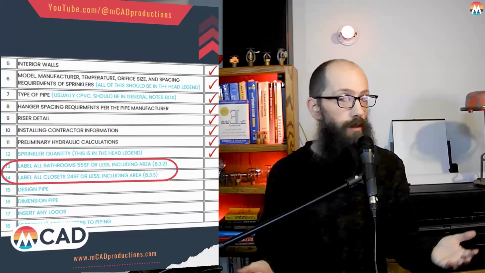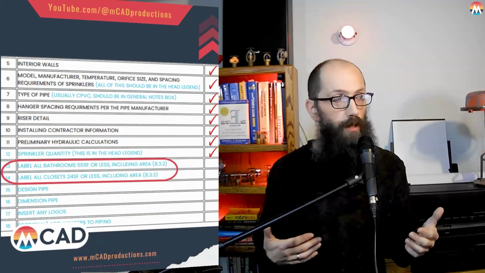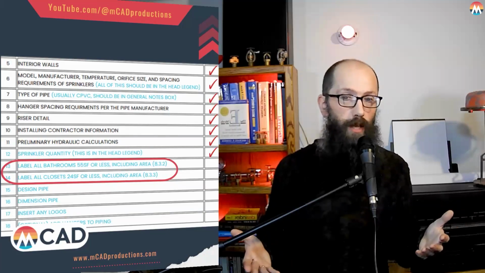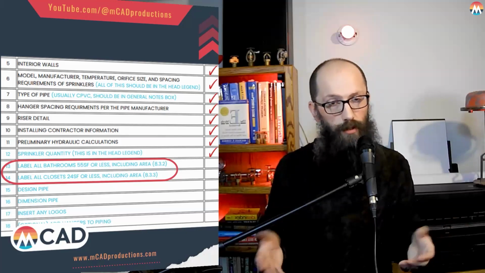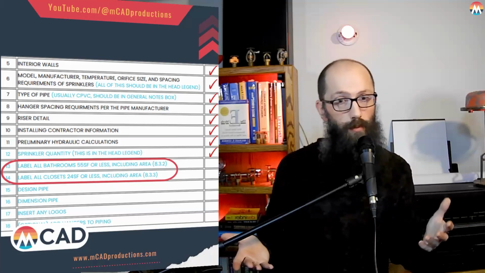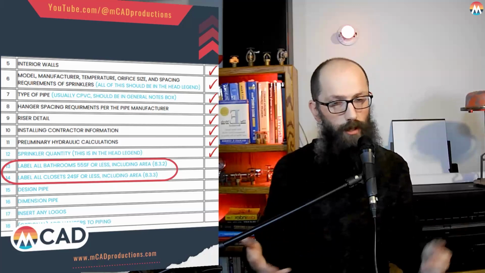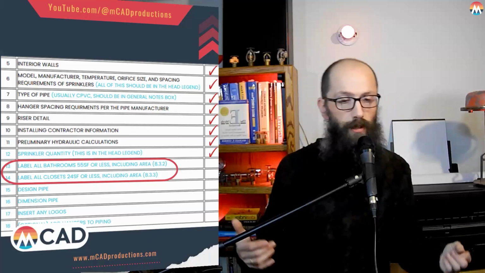We also, this is a thing that we started doing just to make it clear to plans examiners. We've measured this. This is the square footage. In the past, if we just didn't put a sprinkler in, they may have a question: why didn't you put a sprinkler in the bathroom?